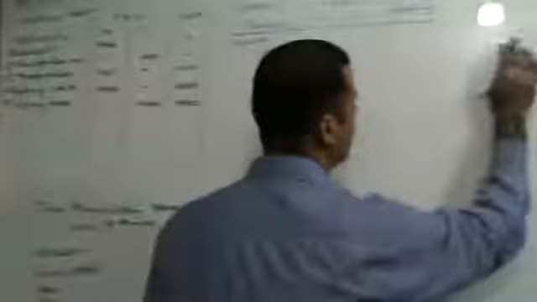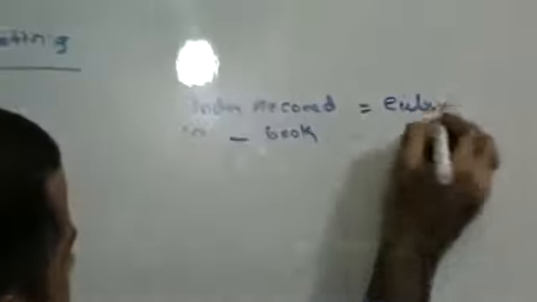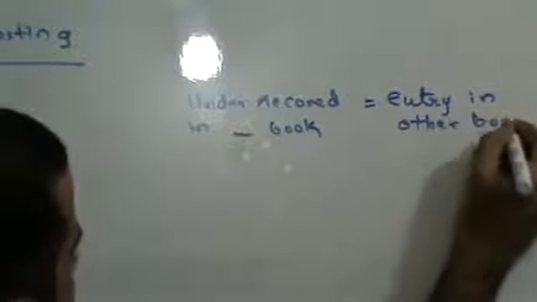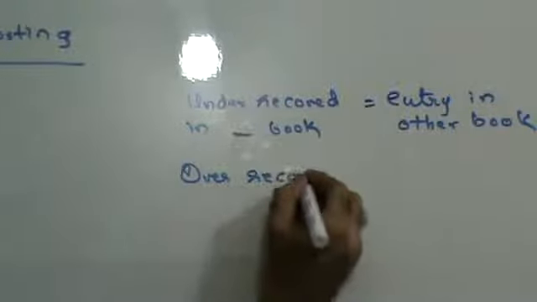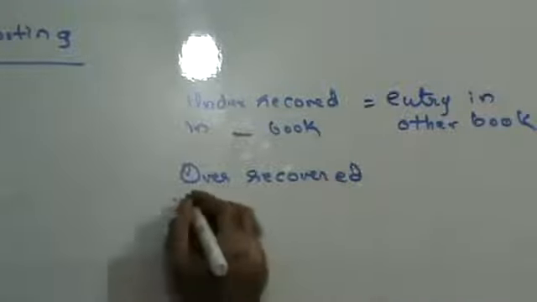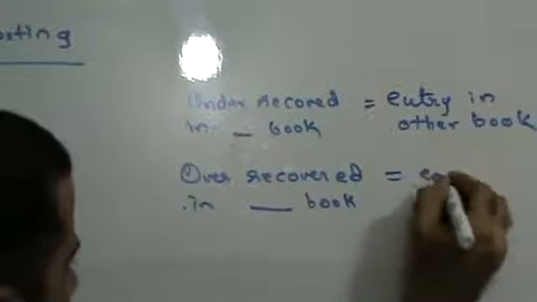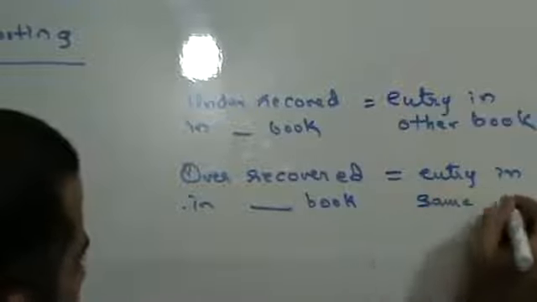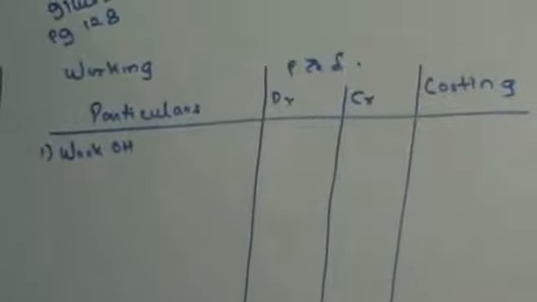So under recovered in any book, entry in other book, and over recovered in any book, you will have entry in the same book. Right?